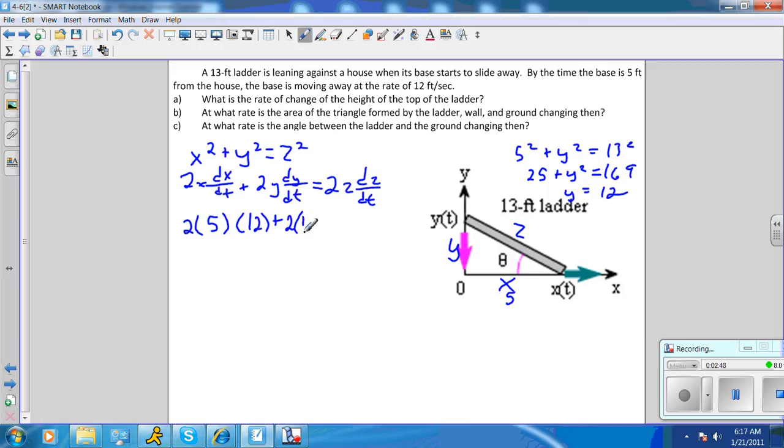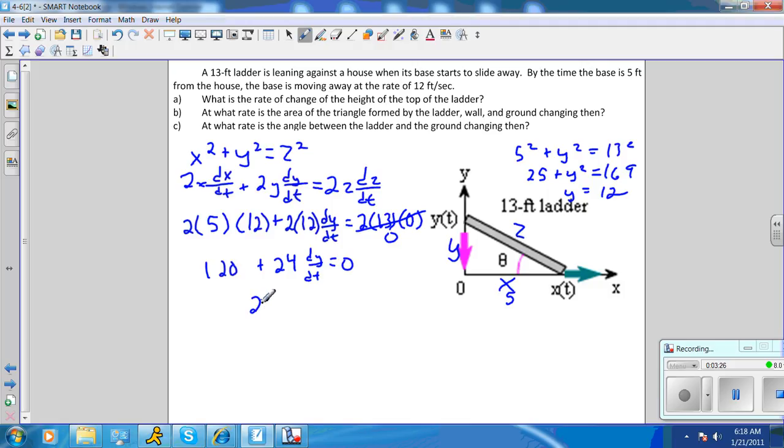So I'm going to plug 12 in for y. dy/dt, how fast is it moving down? That's what we're trying to figure out. It equals 2 times 13, but the ladder's not changing, so there is no dz/dt. It's not collapsing, so this whole thing over here is 0. So 5 times 2 is 10, 10 times 12 is 120, plus 2 times 12 is 24, dy/dt equals 0.